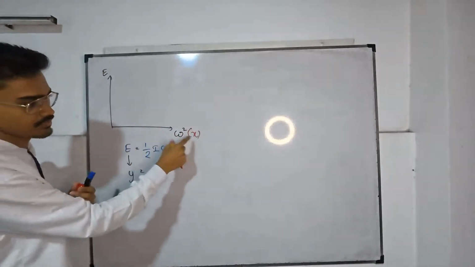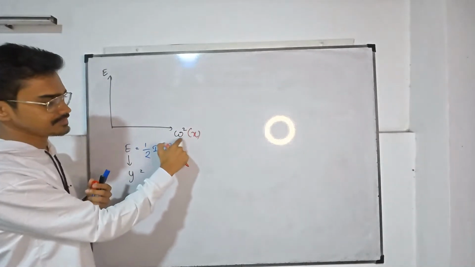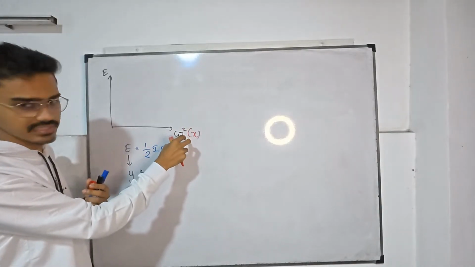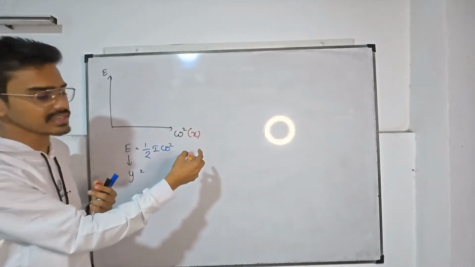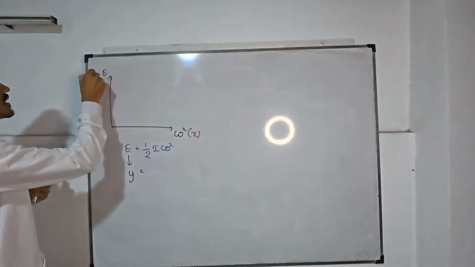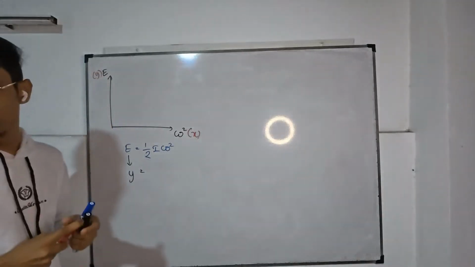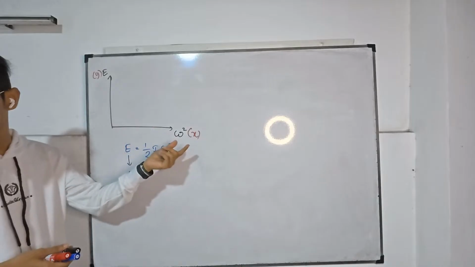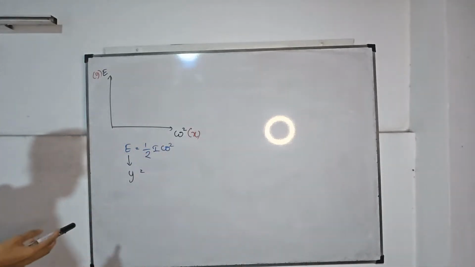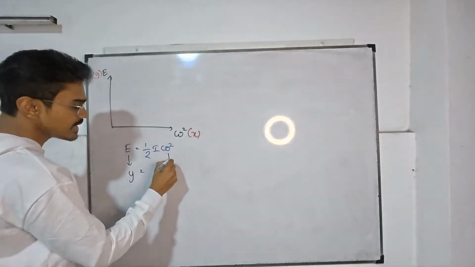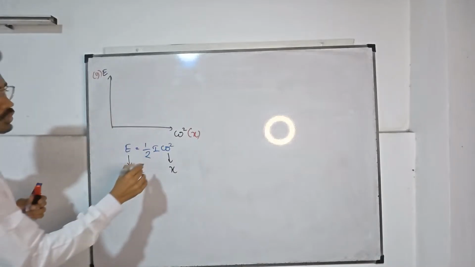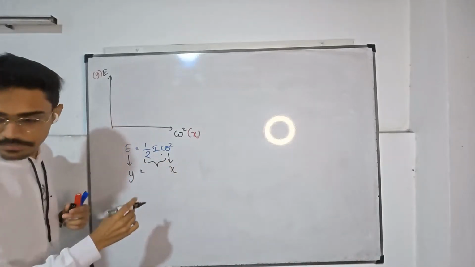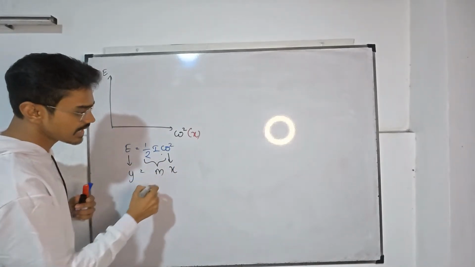Make this a habit. Until you have made this a habit, if needed, put x and y along with the given terms like this, then you won't miss what x and y are. Now x is omega squared. Whatever it is as a product with x is the gradient.